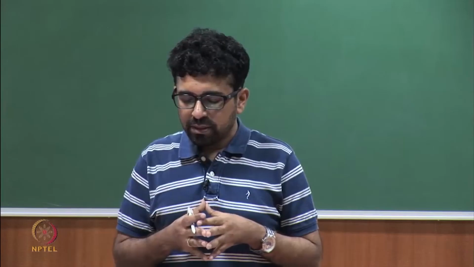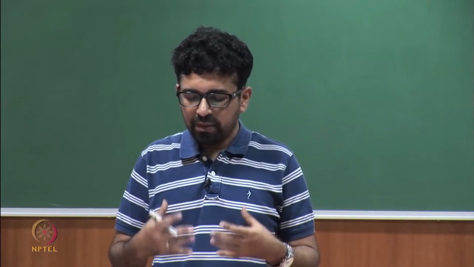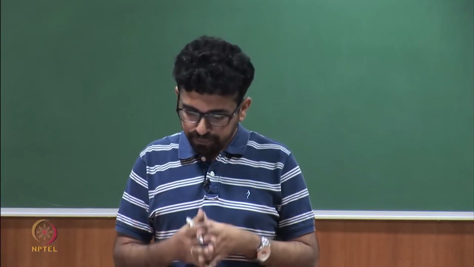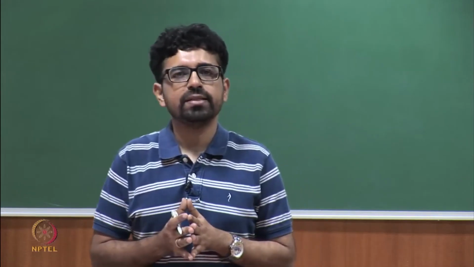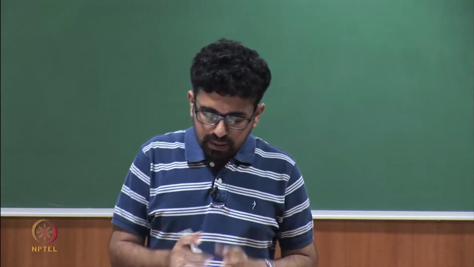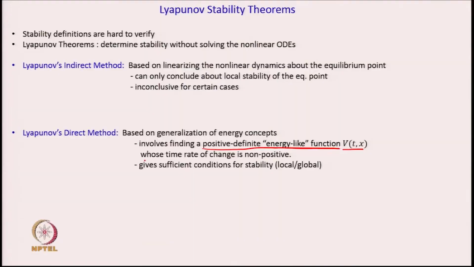However, we could still come up with a positive definite function of the states, and we call that the energy-like function. And further, if the time rate of change of this V of t comma x is non-positive, we say that the equilibrium point is stable.